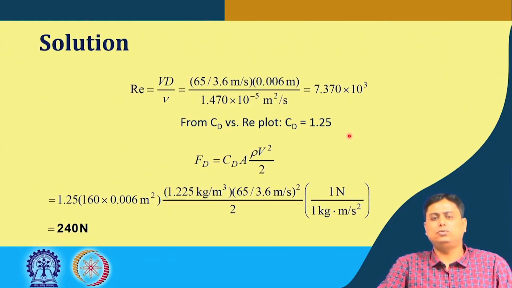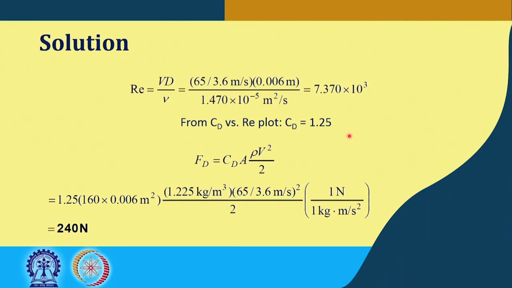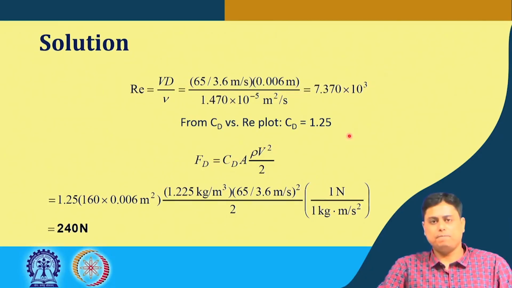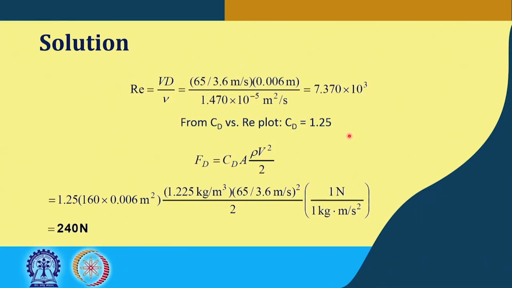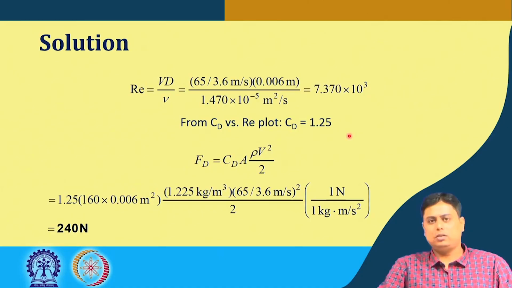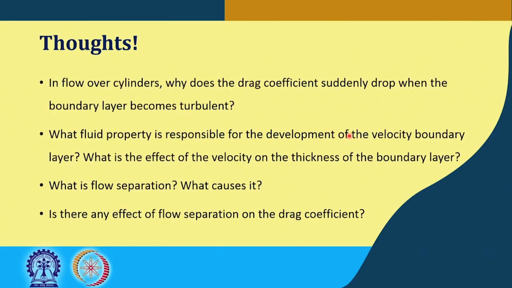So, this is the kind of force that is there when the wind velocity is 65 kilometer per hour over a 160 meter length of wire having a diameter of 6 millimeter. This is the overall summary of the things that is required for this course.